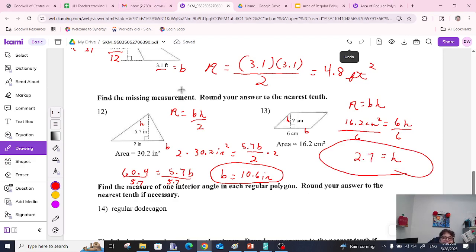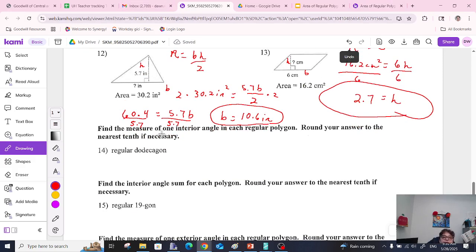Okay, thank you. This is asking for one interior angle. For these, you have to read the directions to determine which formula you use.